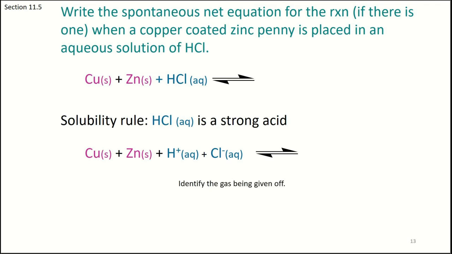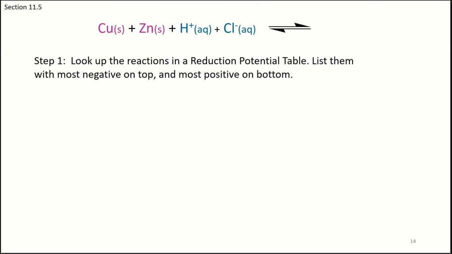If we are asked what gas is being given off, we will have to look at the net reaction. I have the possibility of giving off hydrogen gas or chlorine gas, but I won't know until I write the net reaction. So given these 4 materials, I will have to look up 4 reactions that correspond to these materials, and I will be writing them from most negative potential to most positive potential.